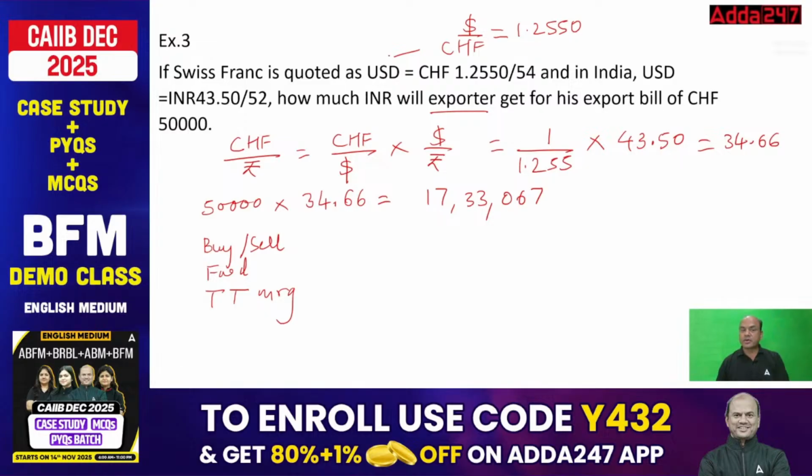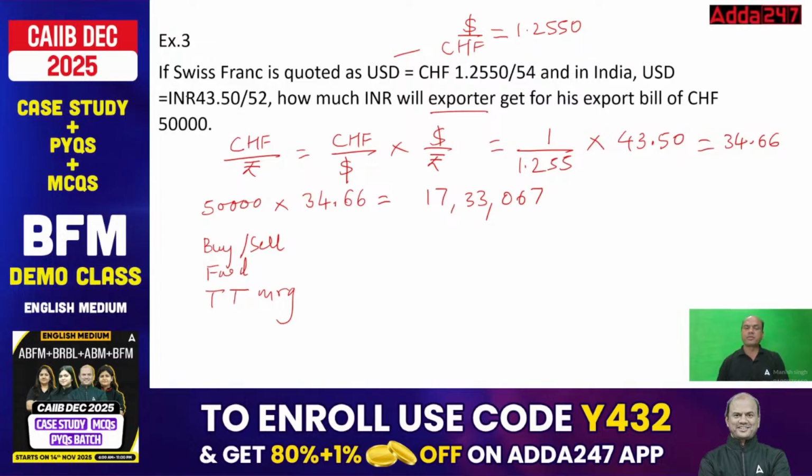See, dollar is above and CHF goes down. But do I want this? No. What do I want? I want CHF upon dollar. So I'll reverse this, that's why I've taken 1 upon 1.2550. So this is CHF upon dollar into dollar upon rupee, which is given.